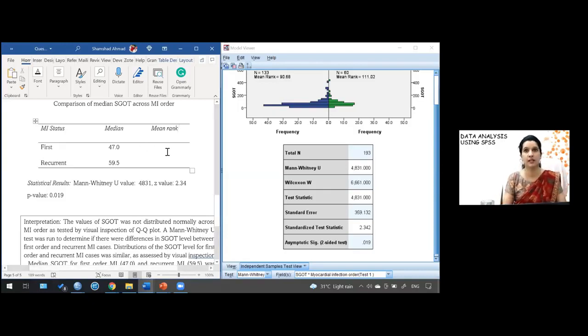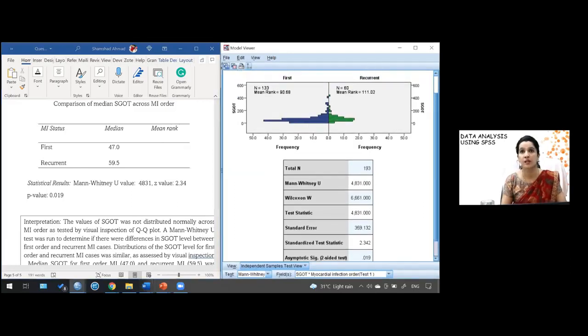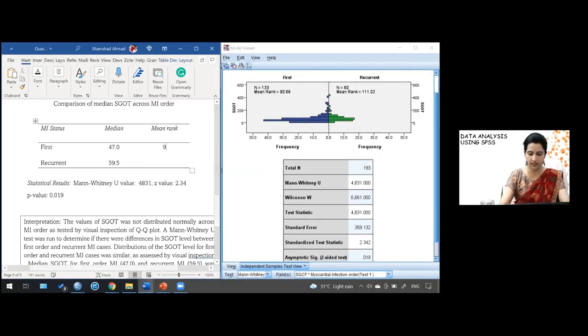Like in this case, the first order will be 90.68. Let me see which is the first and which is the second. So first order is 90.68, and you can write the second value here as 111.02. So similarly, you can enter the mean rank and interpret that also.